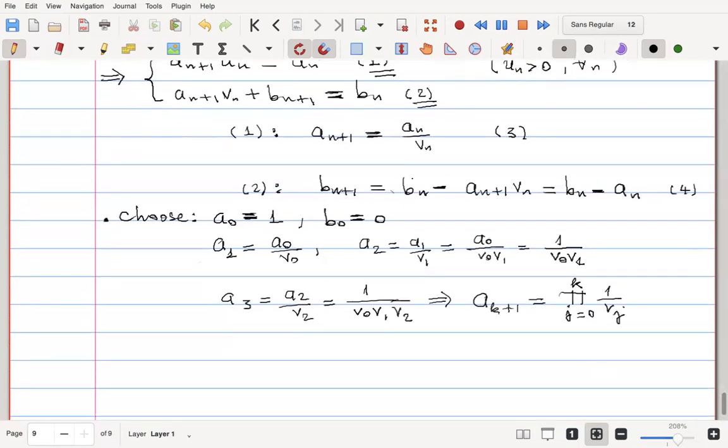So in other words, for any n strictly greater than 1, we can write that our a_n will be equal to the product of 1 by v_j, where j runs from 0 to n minus 1.